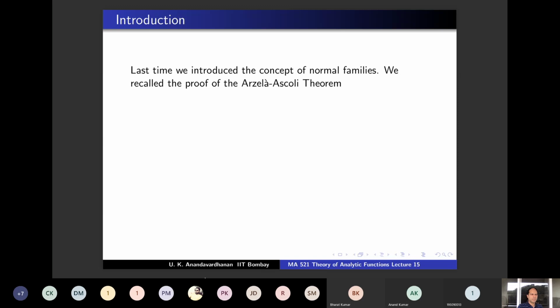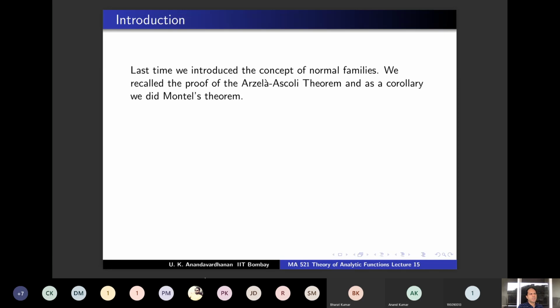So you get a countable dense subset. Then, using that, we did what is called a diagonal process to construct the subsequence that converges. We also checked that the convergence is uniform on compact subsets. As an application, as a corollary, we did Montel's theorem.